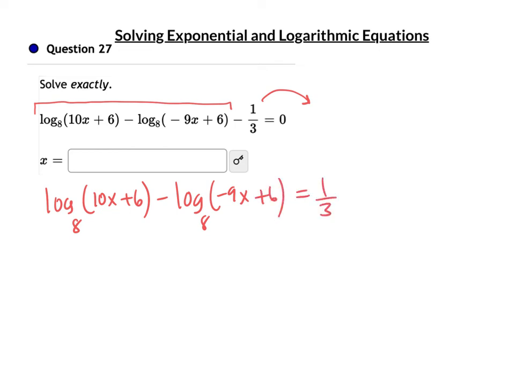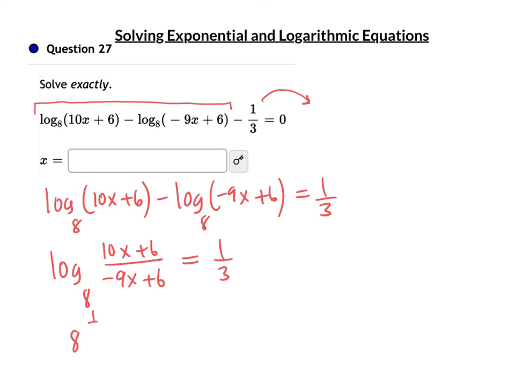Now I'm going to combine those two, and I know when I subtract my exponents, that's when I'm dividing. This is the log base 8 of 10x plus 6 divided by negative 9x plus 6, and that equals 1/3. Let's turn this into an exponential equation.